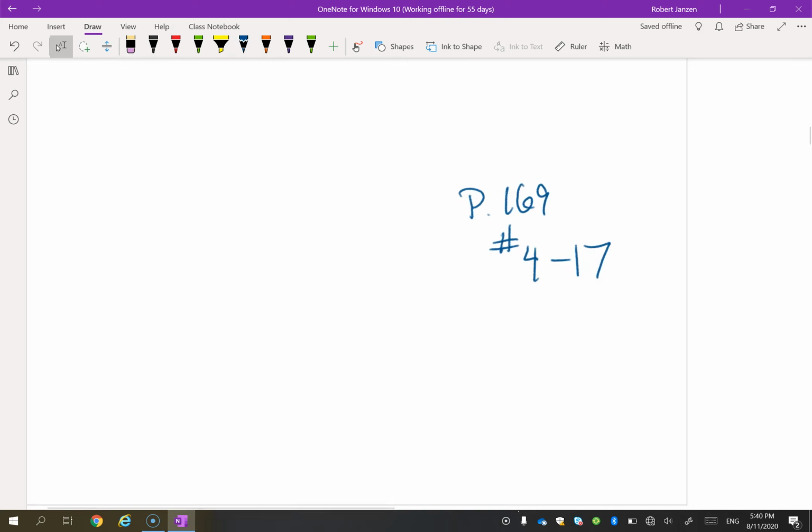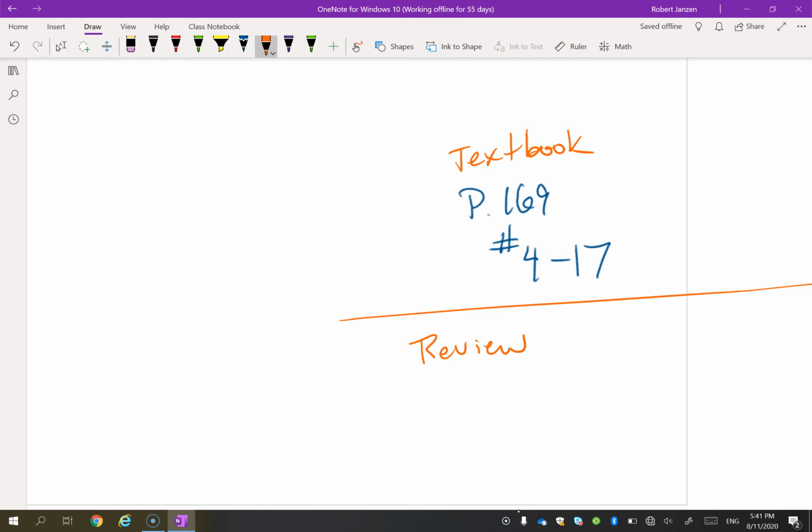Okay, some homework for you. This is from the textbook. All right, maybe this is a good time to also talk about preparing for the test. Each chapter has a review. The review is pretty substantial. It has a bunch of questions and all the answers are posted.